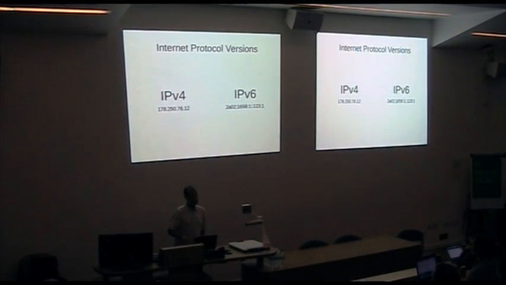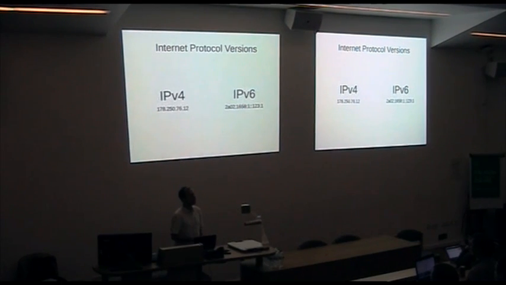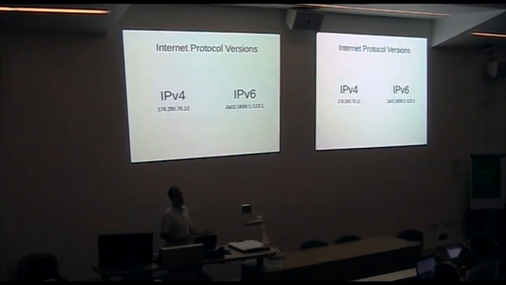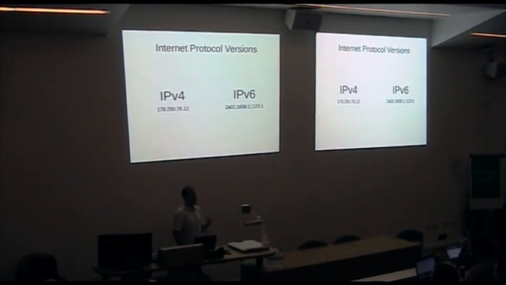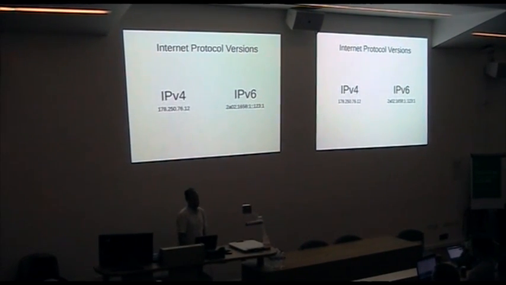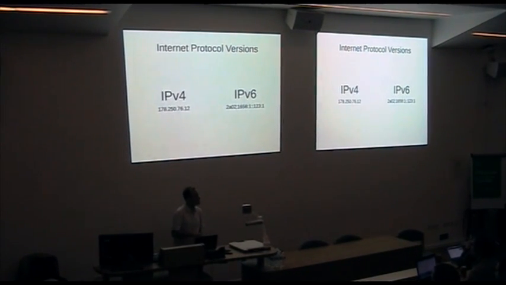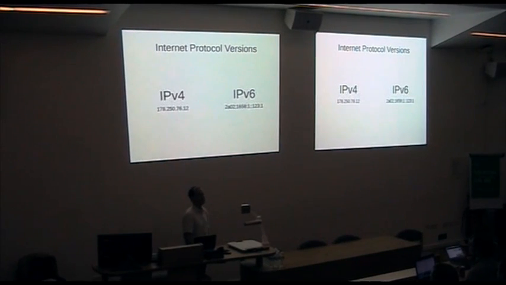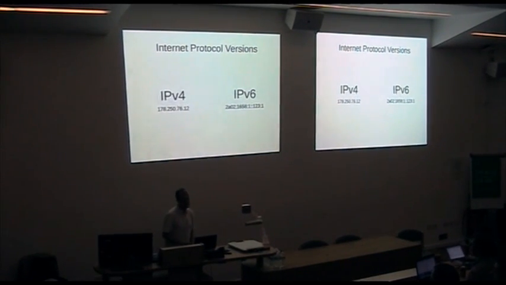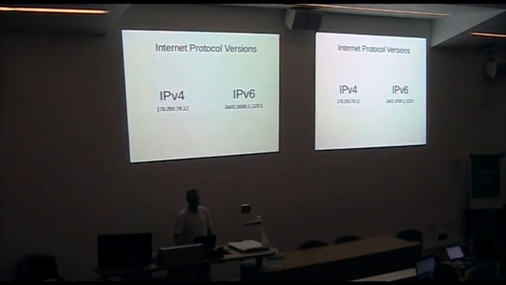Both work, but IPv6 is newer, has learned from some of the mistakes of IPv4. The obvious big one is that it has a larger address space, but also it does various other things better. So I think as the years go on, we're going to see gradually more and more people move to IPv6. It hasn't happened to the extent that people thought it would, but we're getting there.